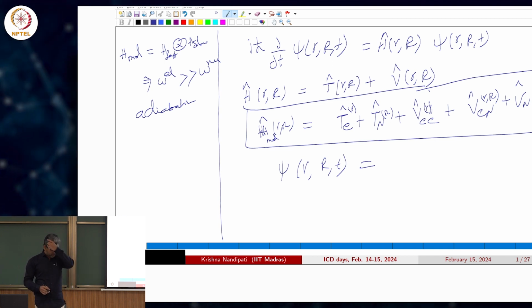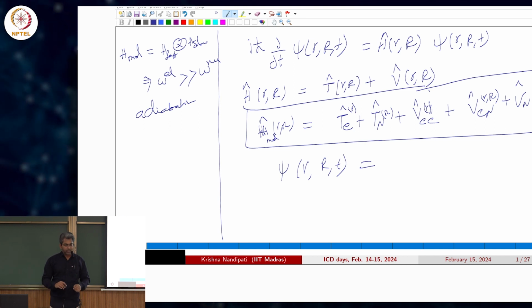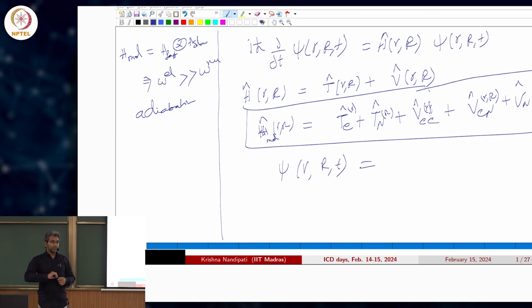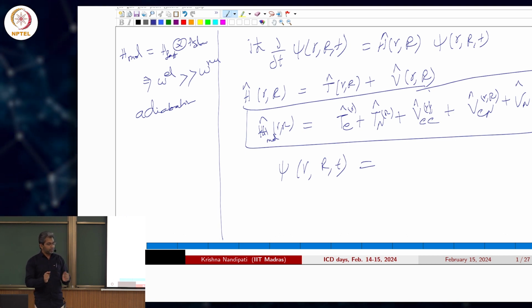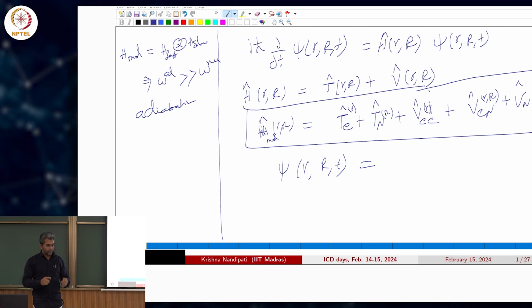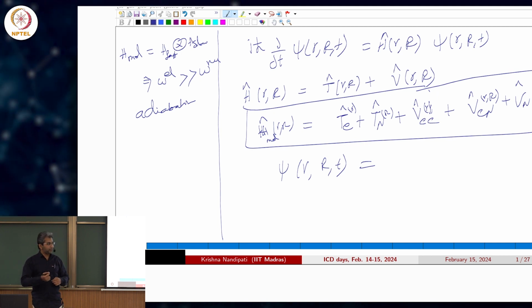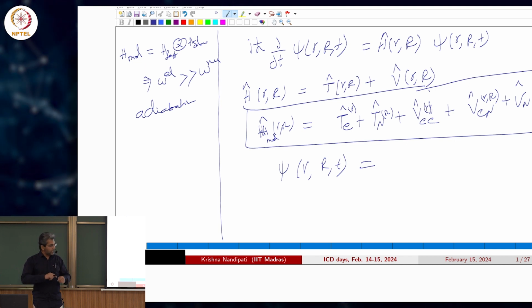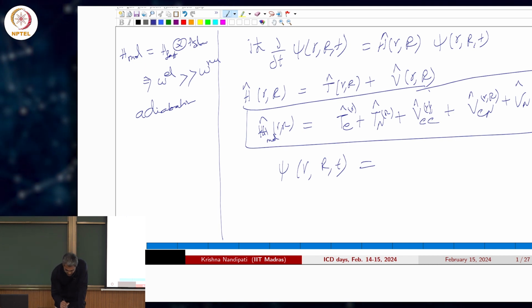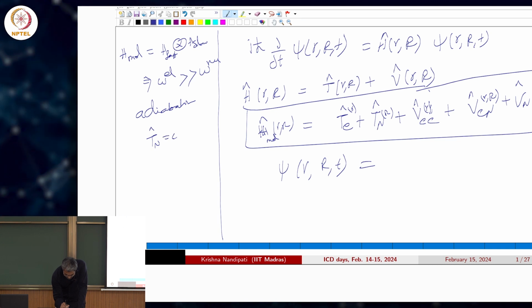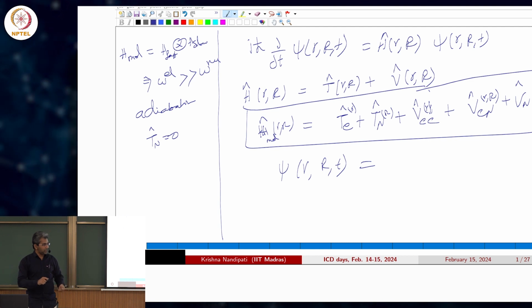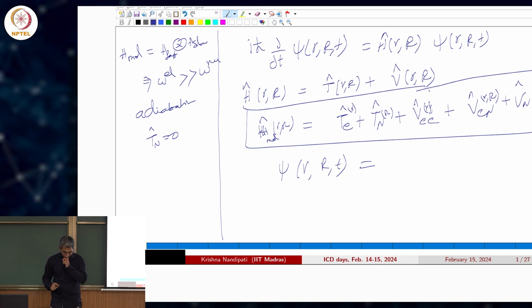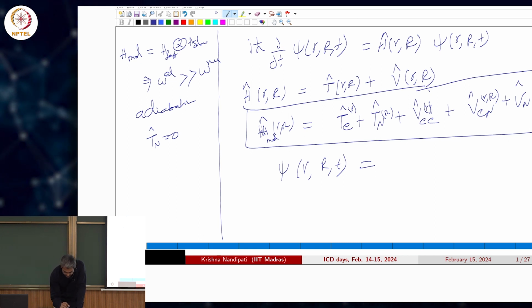So in other words, electrons instantaneously adjust themselves as you move nuclei. We can regard the nuclear kinetic effect as minimal on the electronic movement, which means we can set Tn to 0. We can fix the nuclear framework and let the electrons instantaneously see this electrostatic field and adjust themselves. That's what this adiabatic approximation means.